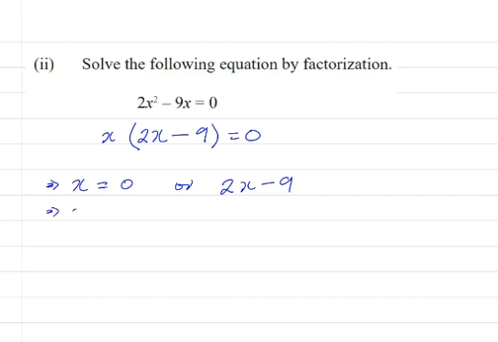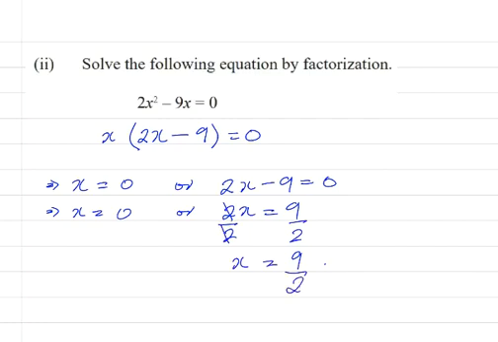So therefore, x is equal to 0 or 2x is equal to 9. Negative 9 goes over and becomes positive 9. Next, I'm going to divide both sides by 2. So x is equal to 9 over 2, or 4 and 1 half.